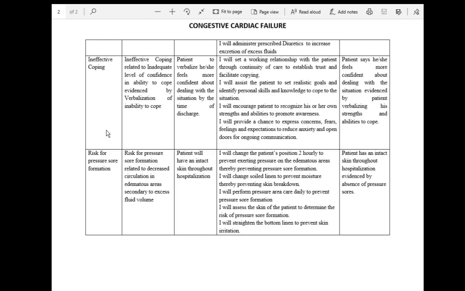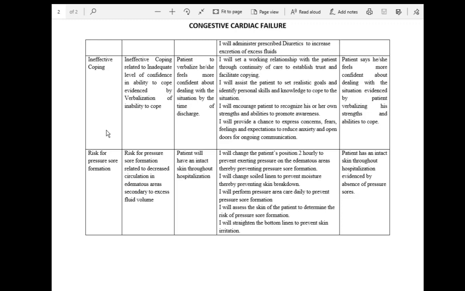So you as a nurse, it's your duty to assist the patient to set realistic goals and identify the personal skills, because this person has the ability, they have the skills that the Lord provided them to cope with any situation. You need to assist the patient to set realistic goals and identify personal skills and knowledge to cope with the situation.